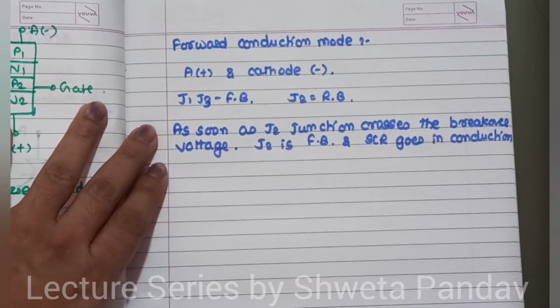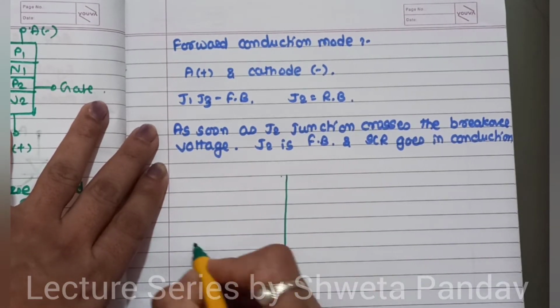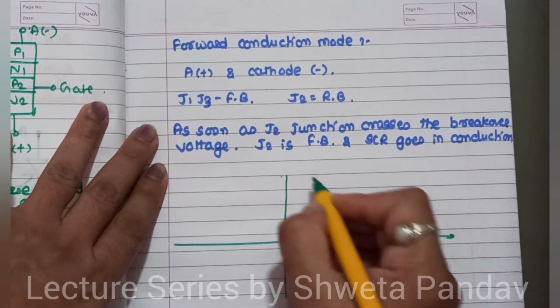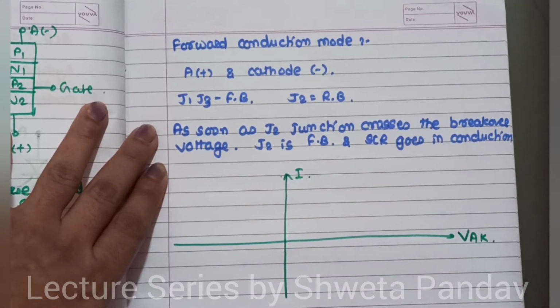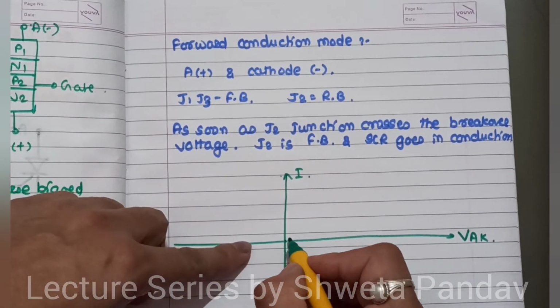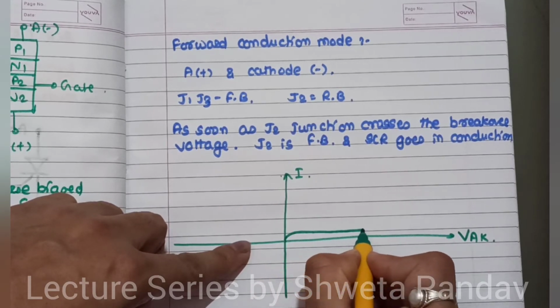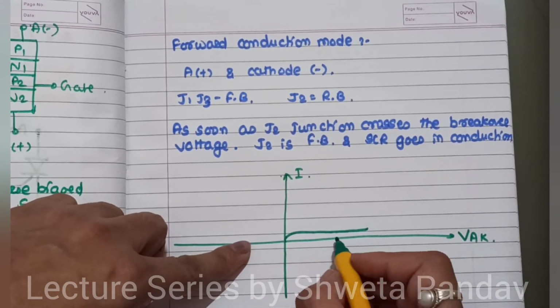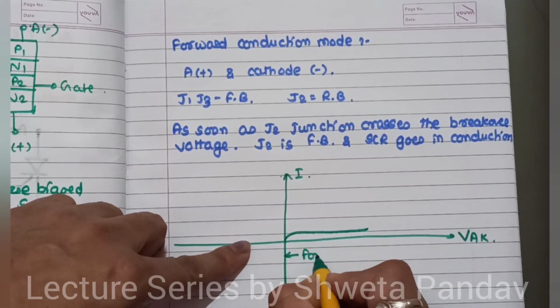If I shortly draw the VI characteristic of the SCR, what is a VI characteristic? It is a graph of anode current on the y-axis and anode to cathode voltage on the x-axis. Initially, whenever the anode is positive with respect to the cathode, a small amount of current flows across our SCR, and this mode is called forward blocking mode.